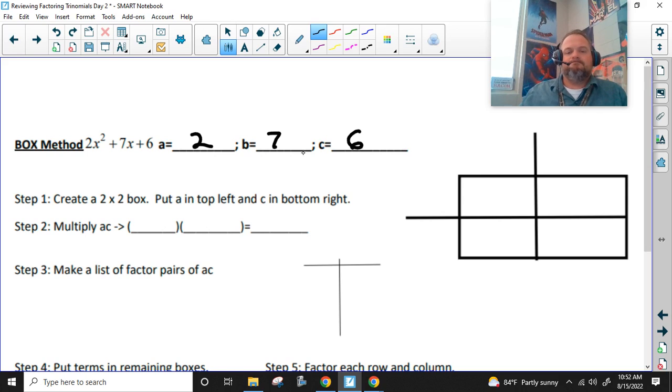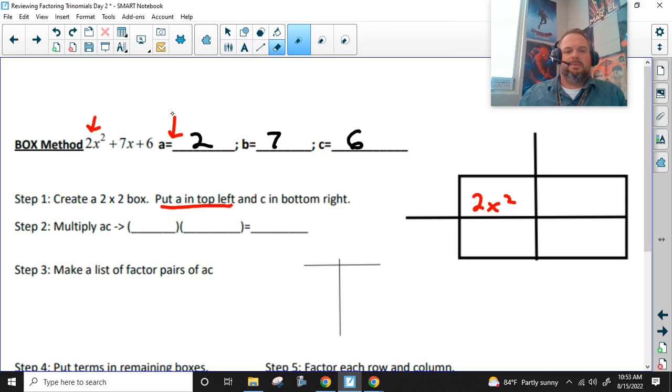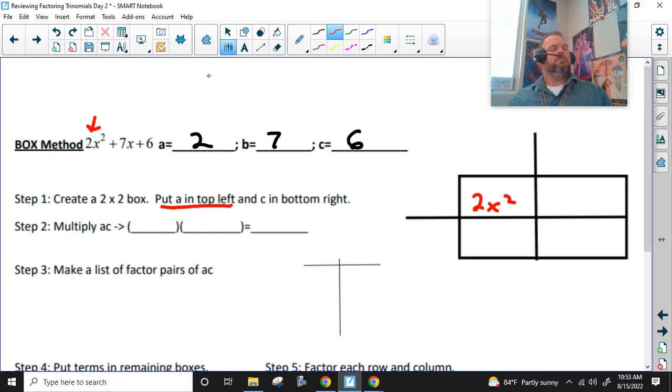It says to put A in the top left. So our A value right here, this is 2x squared. And C in the bottom right. Well, that's our C term. It goes here.